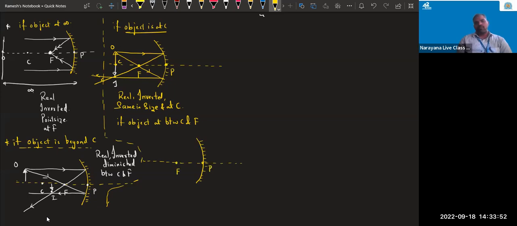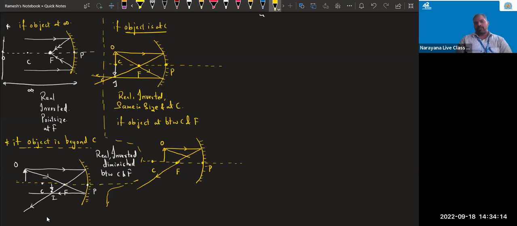This is the point of focus. This is the center of curvature. I placed the object here. One incident ray falling like this, how will it go? It passes through the point of focus.